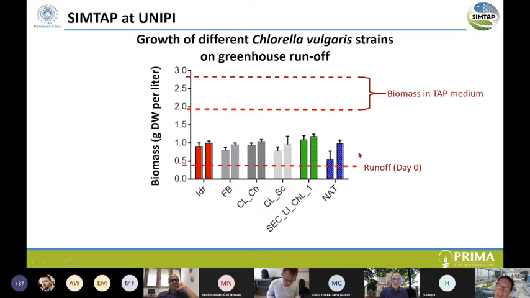So it's very important to use runoff because we can take advantage of the wastes of other industrial cycles or industrial compartments, in this case agricultural compartments. And using those wastes, we can grow a very, very interesting nutrient, biomass source for our system itself. That is a main objective of the SIMTAP project.